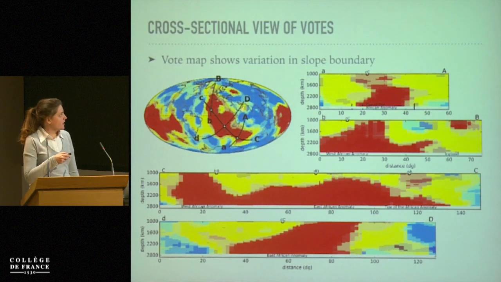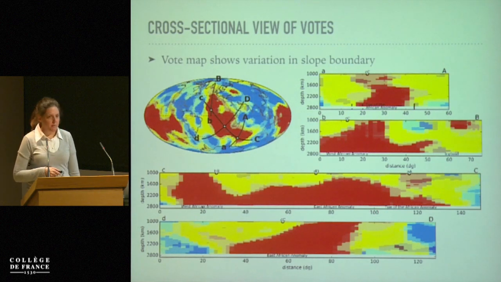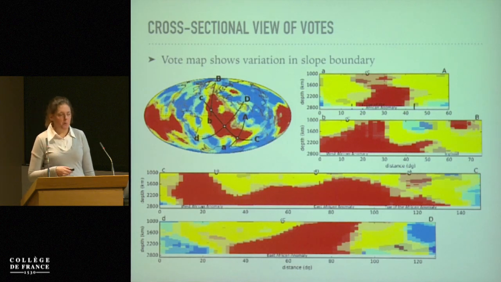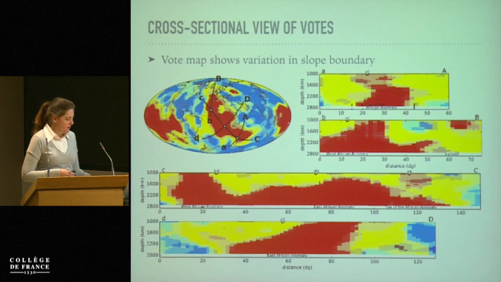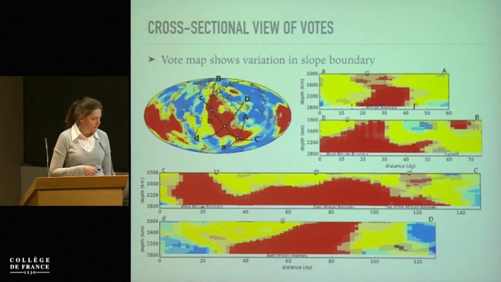And if you look at the cross-section D, you see a suggested overhang of the African LLSVP. This suggests a wide variety in the dynamics of these features, either due to compositional variations internally or due to interactions with the surrounding dynamics.